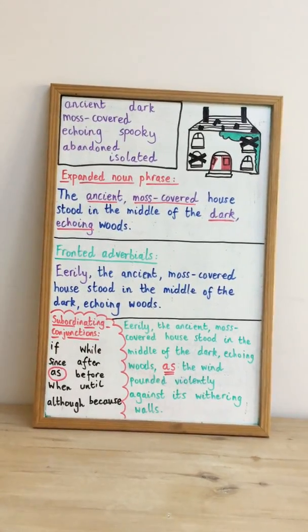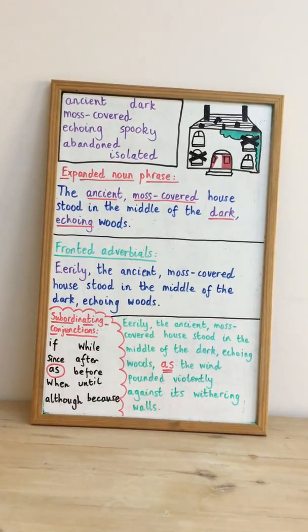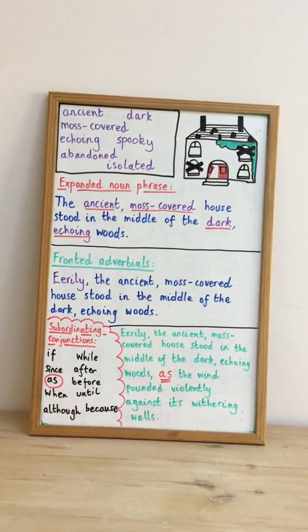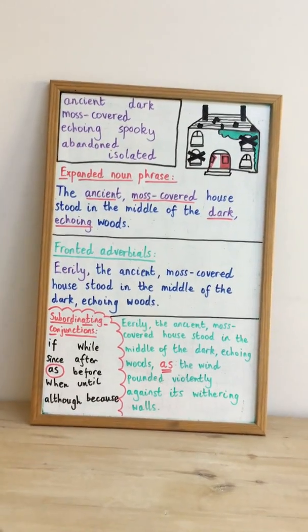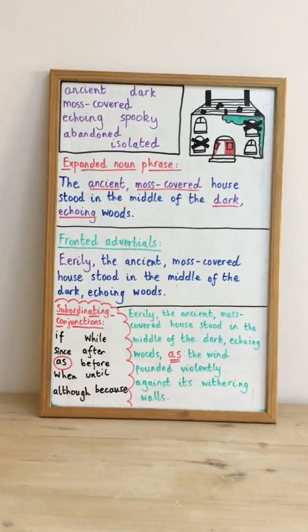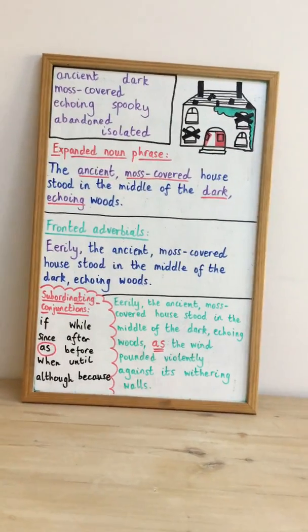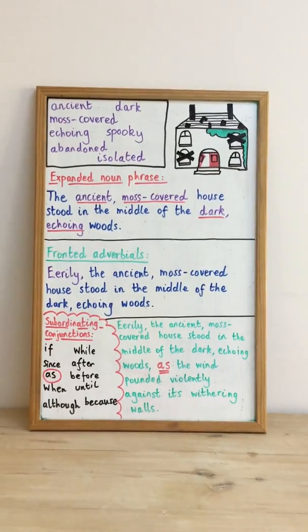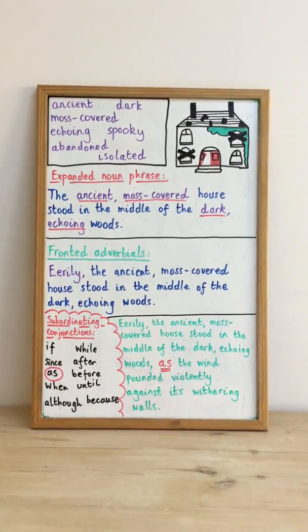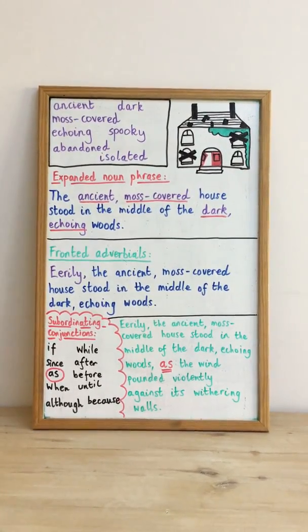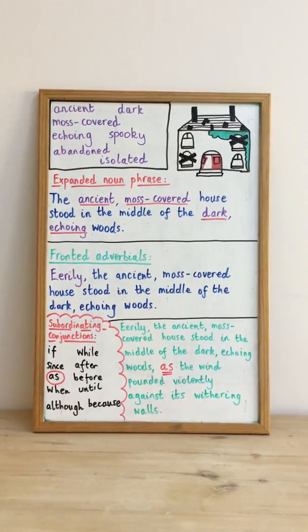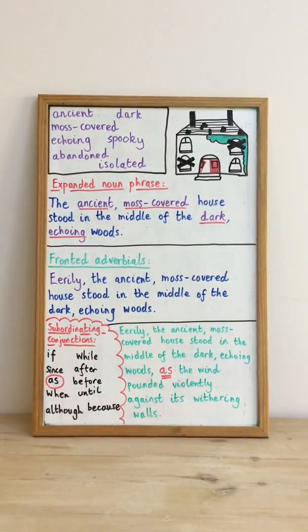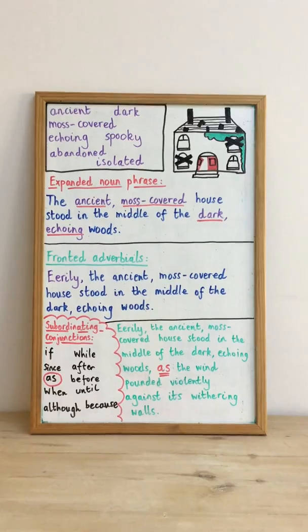These are used at the beginning of a subordinating clause, which is a clause that doesn't make sense on its own. Now, there are 10 subordinating conjunctions you can use, and in the bottom left-hand corner I've listed them. They are if, since, as, when, although, while, after, before, until, and because.